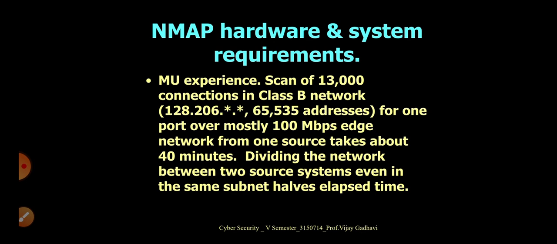Dividing the network between two source systems, even in the same subnet, halves the elapsed time. Here we mention a class B network, so that's why the range of IP addresses is up to 65535 addresses available in class B.